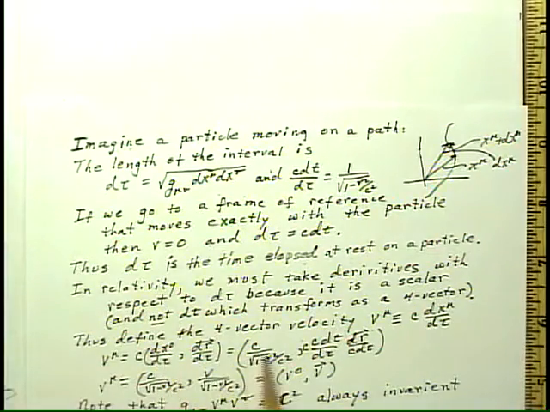Using our previous equation for dx0 over d tau and multiplying through by c, we find that this is c over the square root of 1 minus v squared over c squared for the first component, and the second component is c times c dt over d tau times dr over c dt. Now the c dt and the c dt of course cancel, and that's just c times dr over d tau, which we began with.